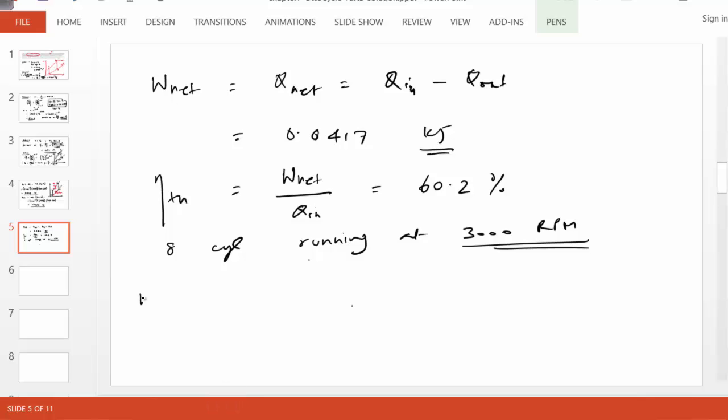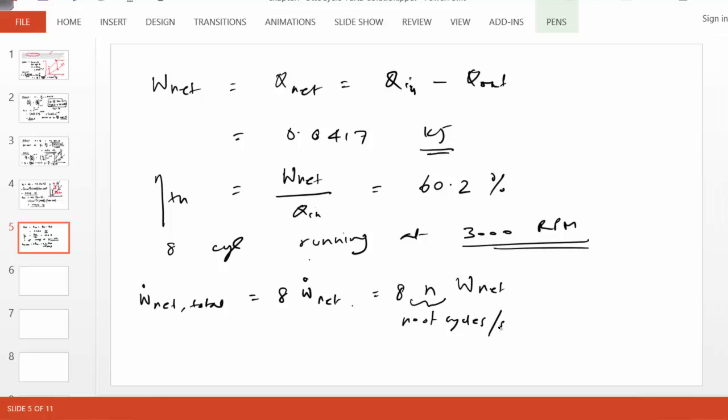In other words, W dot net total equals 8 times W dot net, right? Which is 8 times, what is W dot net? N is the number of cycles times W net. Number of cycles per second, which is 8 times N by 2 times W net. See if it makes sense.